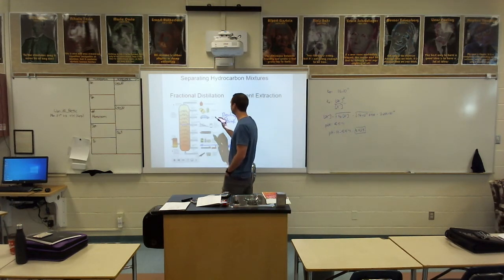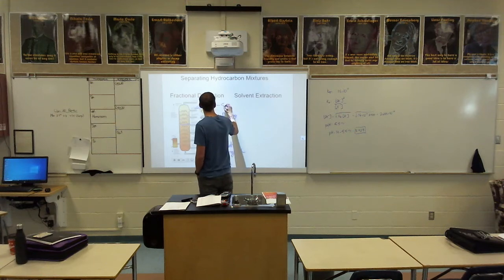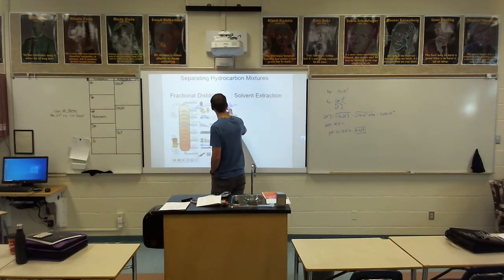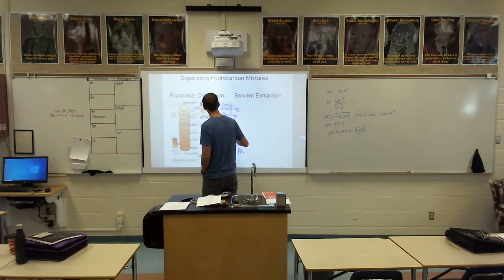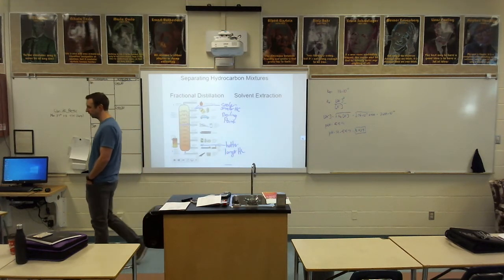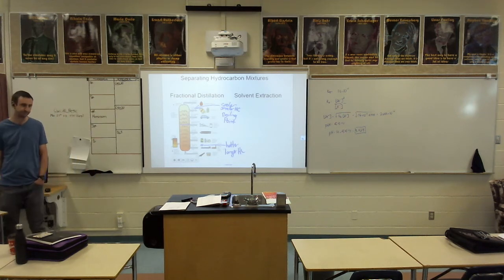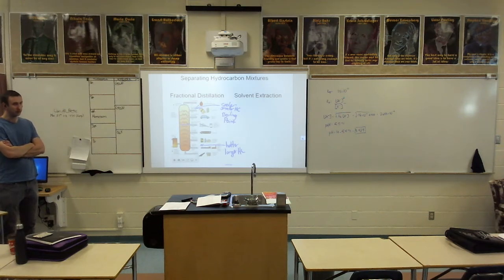At the top, it's cooler, and this is where I have the smaller hydrocarbons. Smaller stuff goes to the top, and that's because it's boiled all the way to the top. Do I need to explain that more, or are we solid about it? If you know those two facts, you're set.